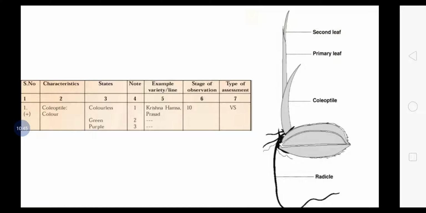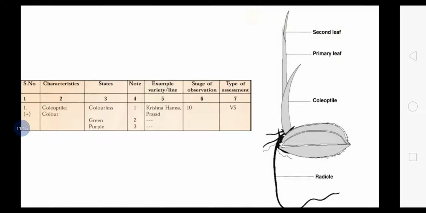First character is coleoptile. Coleoptile is the upper part or the emergence of stem portion. Upper or above ground portion emergence is nothing but the coleoptile. This will give rise to primary leaf and secondary leaf. Subsequently, the whole plant will be grown by this portion only. The status is colorless, green and purple, which means the grouping is done based on color.